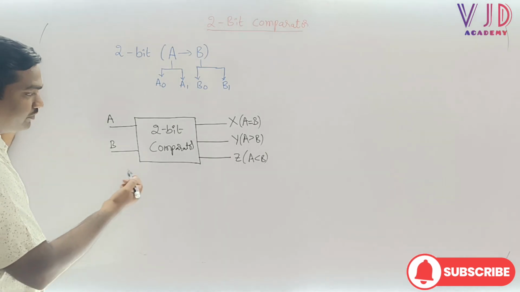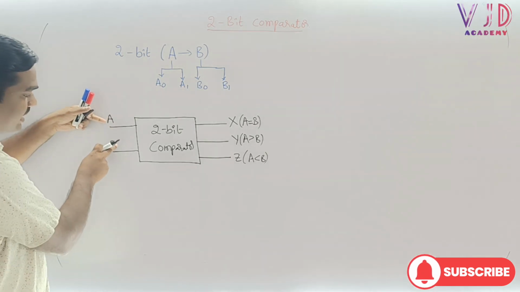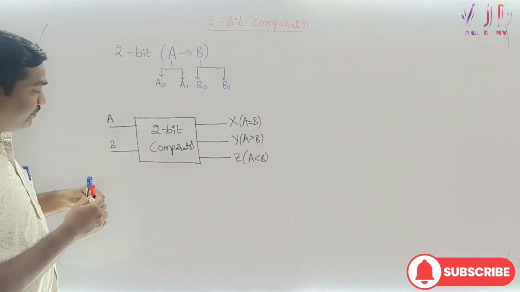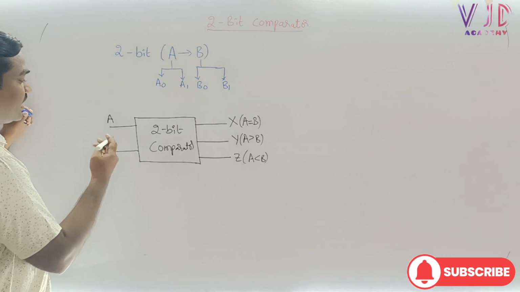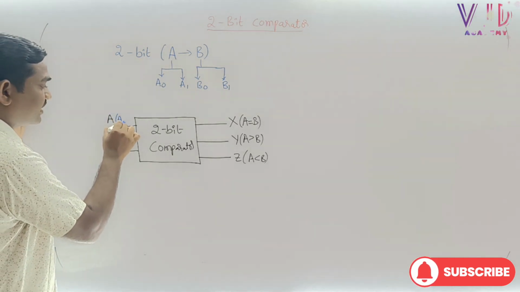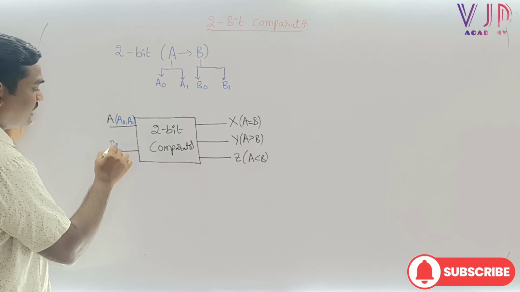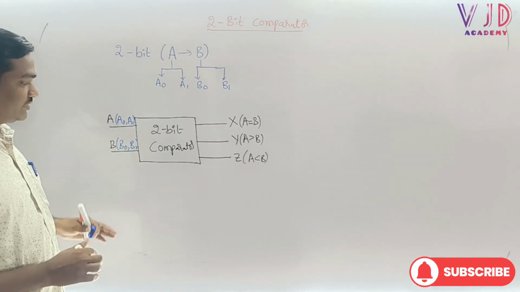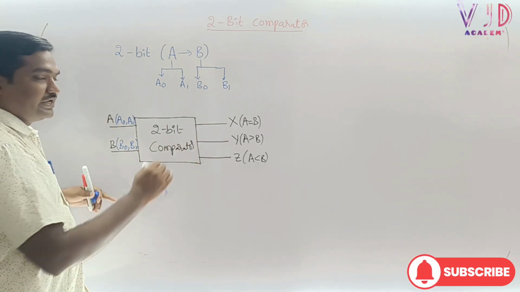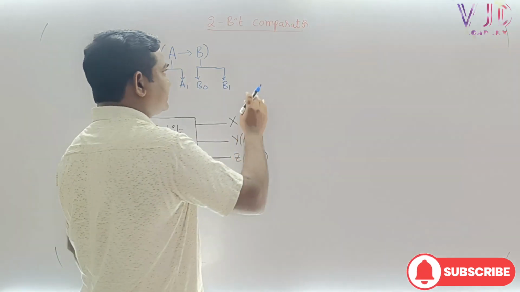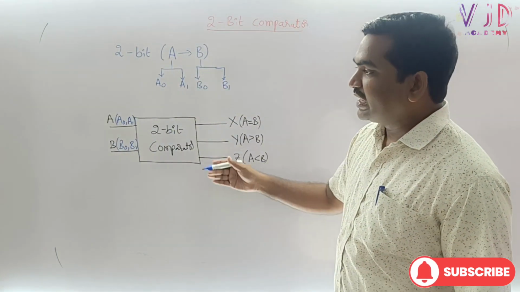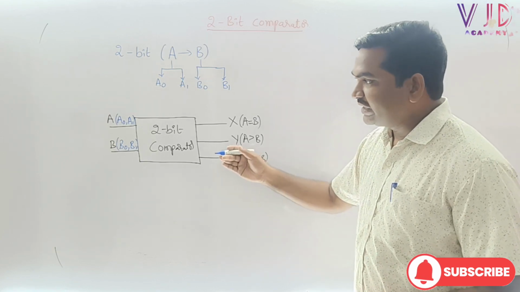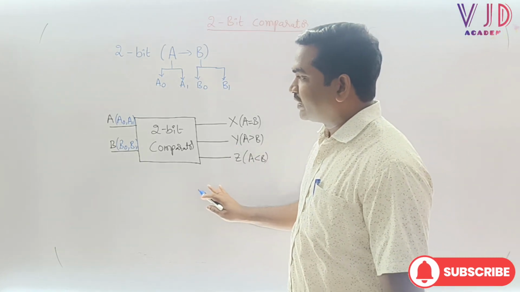When we learned about 1-bit comparator, we directly took A and B as the inputs. But coming to 2-bit comparator, there are 2 bits in each input, which means in A input we will have A0 and A1, and in B input we will have B0 and B1. So these are the inputs, which means we have 4 inputs and 3 outputs. 4 inputs means we may get 16 input combinations.